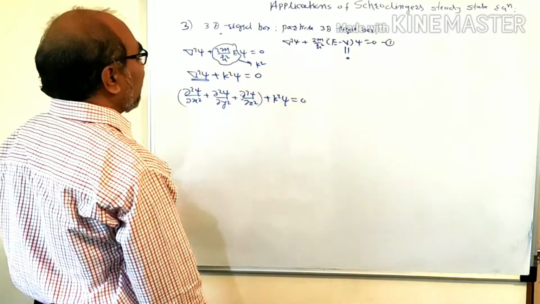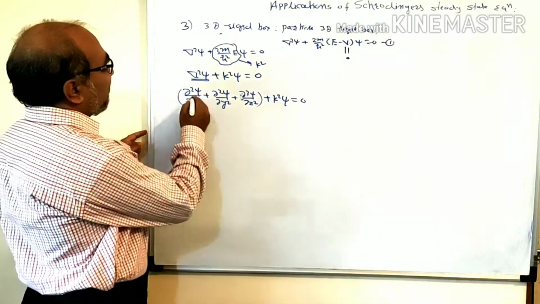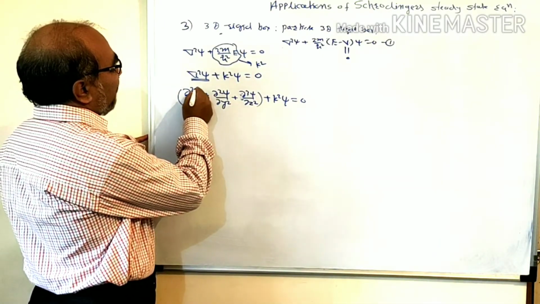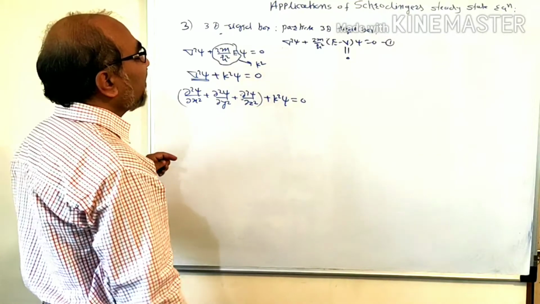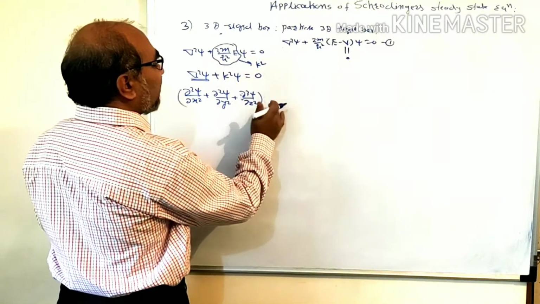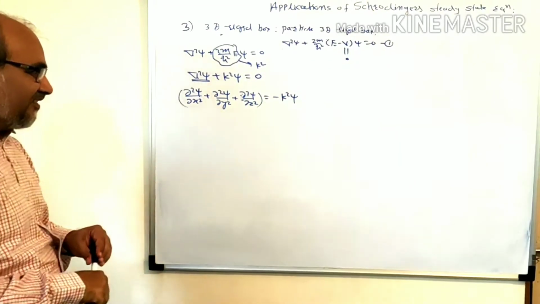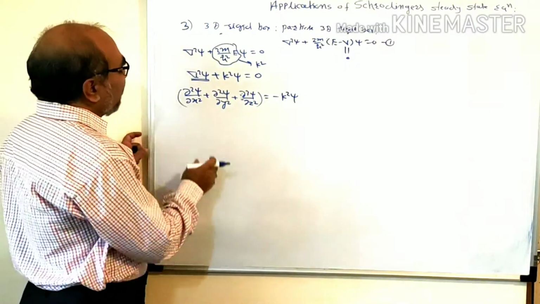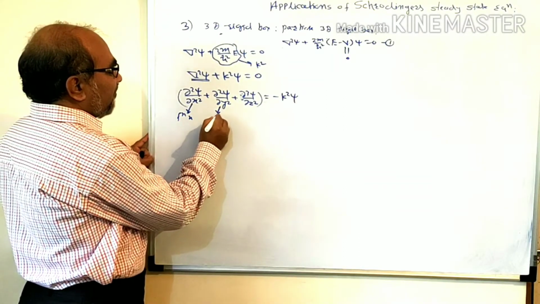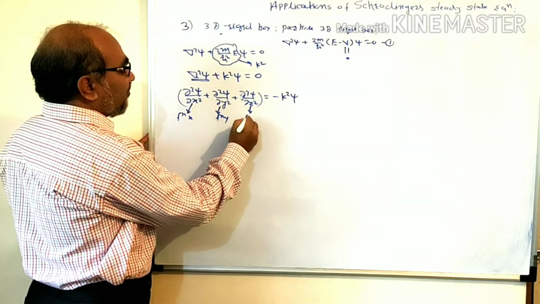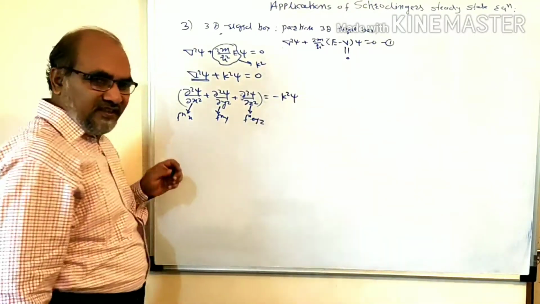Now we have d2 psi by dx square, d2 psi by dy square, and d2 psi by dz square. Transferring this to the other side, it becomes equal to minus k square psi. Therefore this is a function of x only, this is a function of y, and this is a function of z, equal to some constant minus k square.